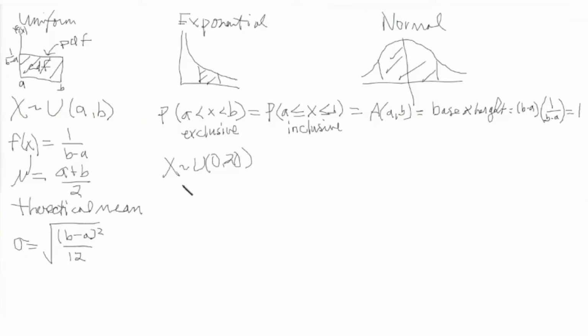Then my f of x is going to equal 1 over 20 minus 0, which is just going to be 1 over 20. My theoretical mean is going to be 0 plus 20 divided by 2, which is going to give me 10.